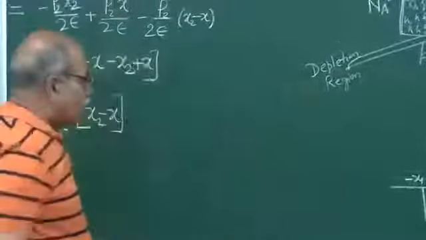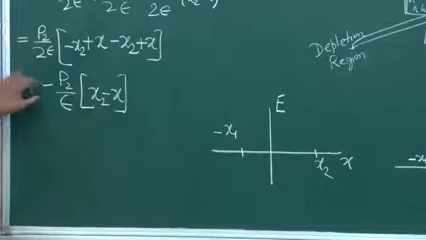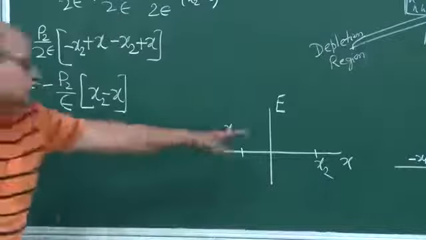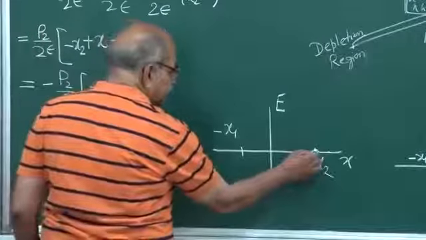Now I am plotting this E here, and this is x, this is the point x2, and this is the point minus x1, and I have calculated for this region only. This is negative, so this electric field will be on the negative side. At x equal to x2, the electric field will be 0.